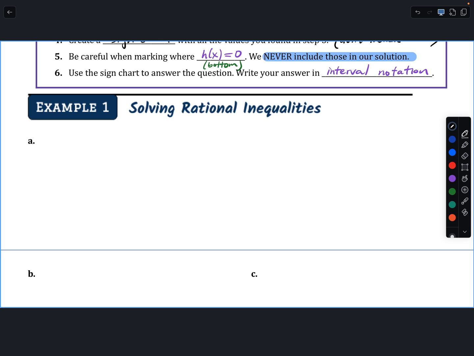All right. So first example, we're going to solve x minus 2 over (x plus 3)(x plus 6)(x minus 3). And we want to know when that's greater than or equal to 0.